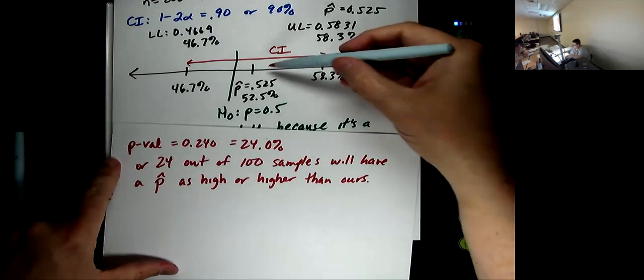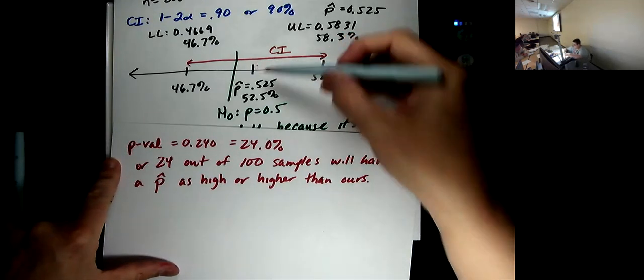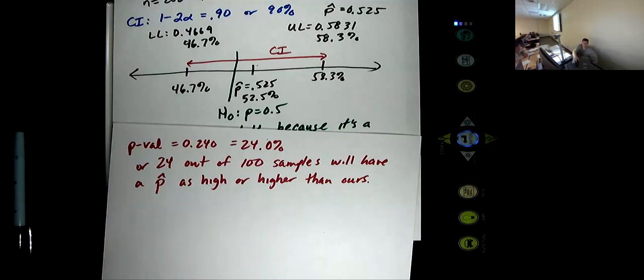So we're saying that there's a 24% chance. Let's see. No, let me do the hypothesis p-value plot. There we go. Look at this p-value plot.